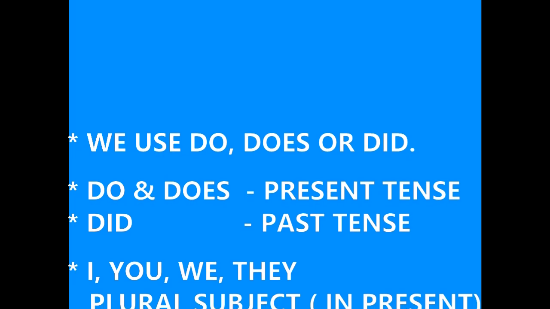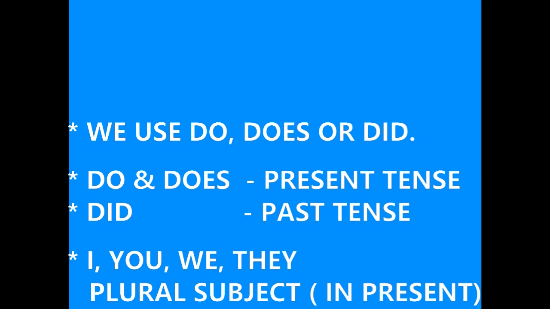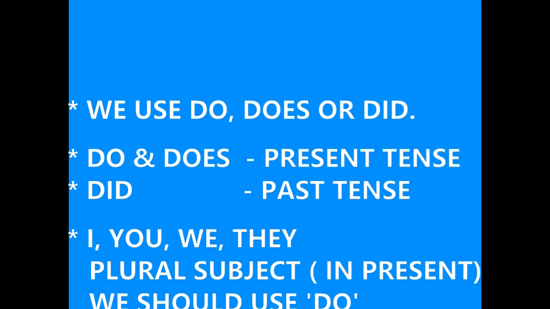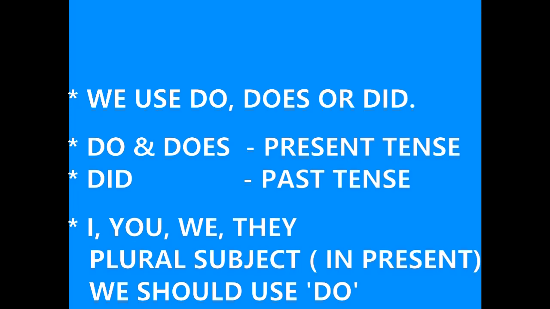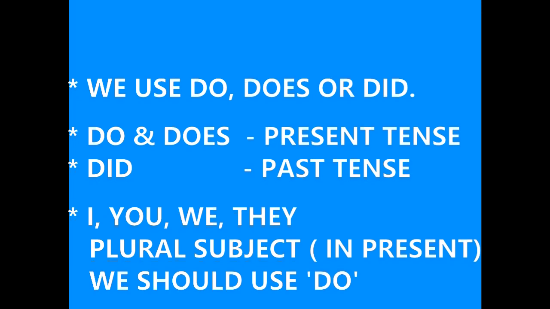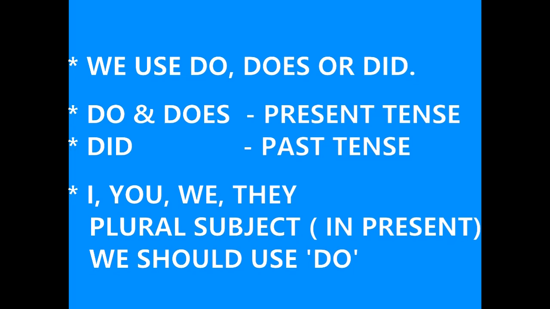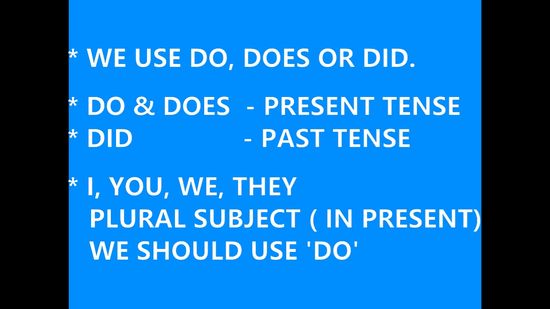Listen, we use do, does or did to form questions. Do and does for present tense and did for past. See here, when I, you, we, they or a plural subject comes, that too in present tense, you have to use do to form the question.